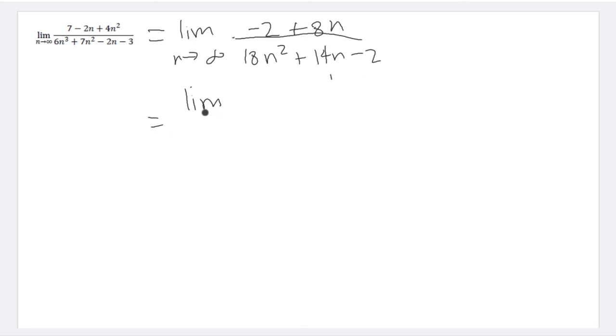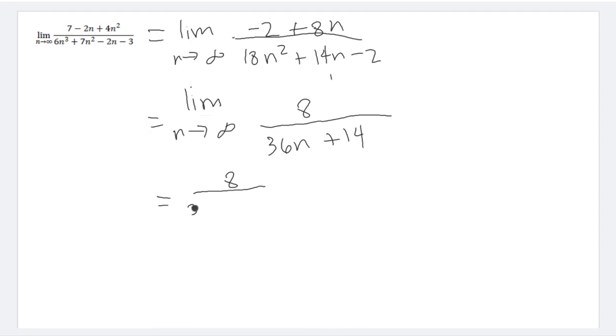Okay, so that's the limit as n approaches infinity of, so again, apply the derivative. -2 becomes 0, 8n becomes 8, and then on the bottom we have 18n², so that becomes 36n + 14. Okay, so the numerator is now just a constant, so we now evaluate the limit. We substitute infinity, so we get 8 over (36 times infinity + 14).